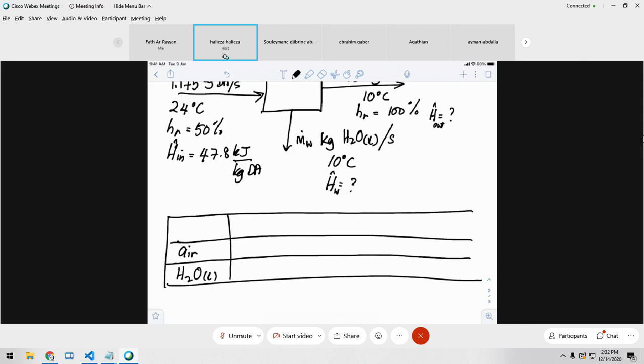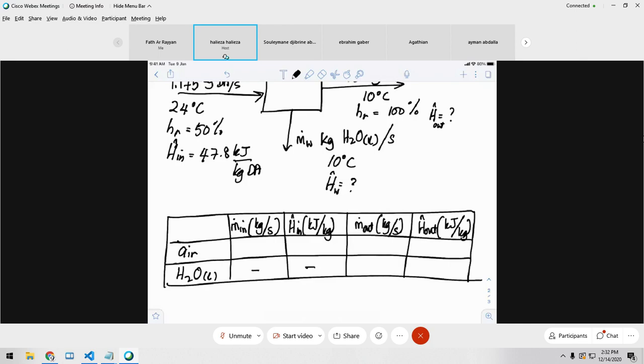Okay, so we will have M in, that will be in kilogram per second. Our specific enthalpy in, that will be in kilojoules per kilogram. We have M out, kilogram per second, and our specific enthalpy out, again kilojoules per kilogram. Okay, that's done. So the amount of water coming in, there's no liquid water coming in.